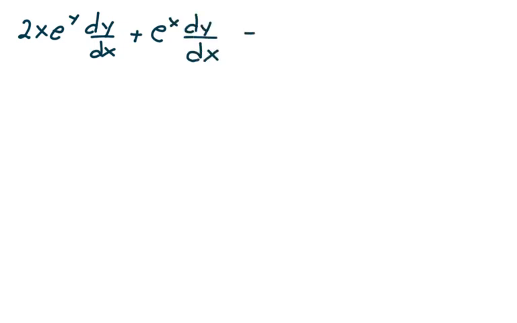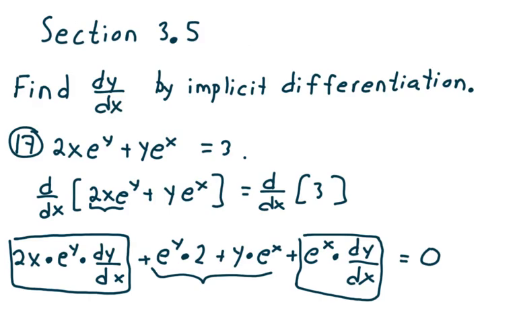So 2x e^y dy/dx plus e^x dy/dx is, and then I'm going to move 2e^y and y e^x over to the other side.